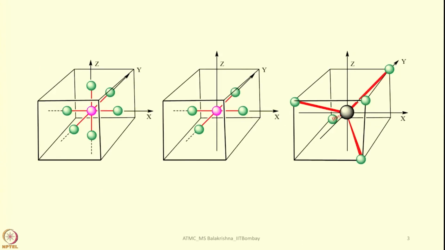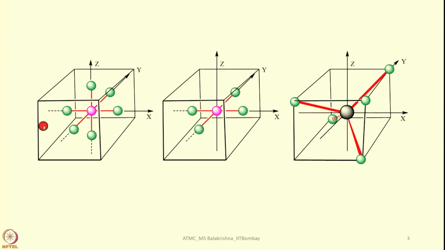Now, it would be interesting and informative to consider 3 geometries: octahedral field, square planar as well as tetrahedral field. For convenient and better understanding, let us try to confine an octahedral molecule, a square planar molecule and a tetrahedral molecule inside a cube with the center occupied by the metal ion and surrounding 6 ligands in case of octahedral and 4 ligands in case of both square planar and tetrahedral geometries.